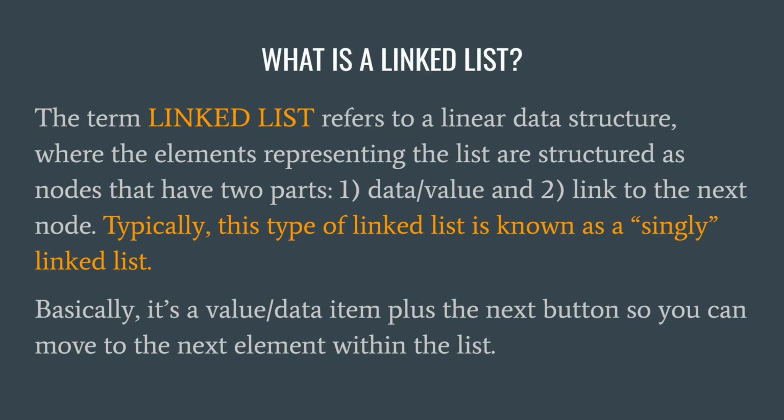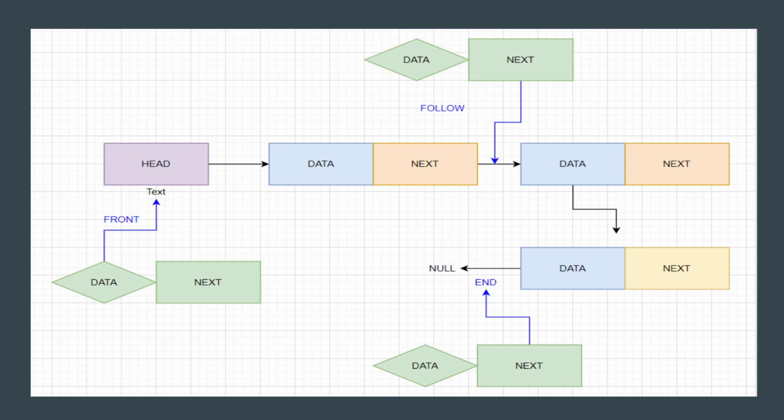Basically, what you need to remember is its data value and a next button, basically, which moves you to the next element within the list. So here's a flow chart showing your functionality for the parts that allow you to interact with your linked list.